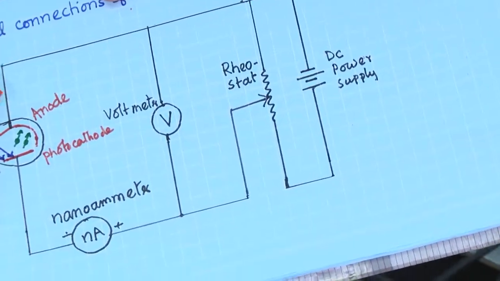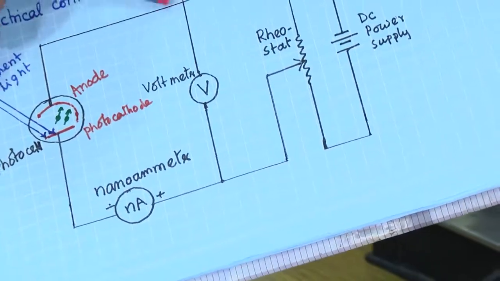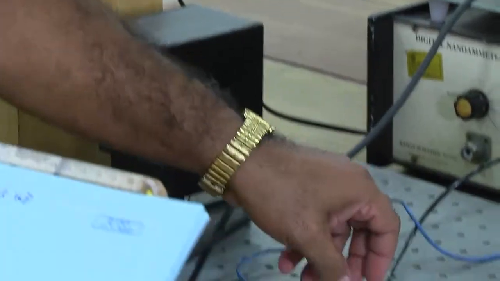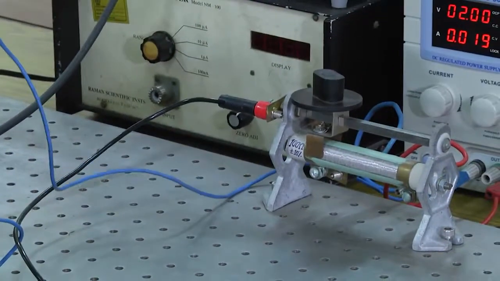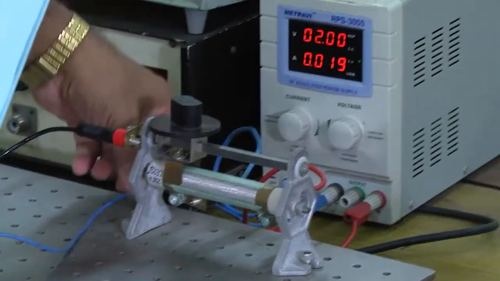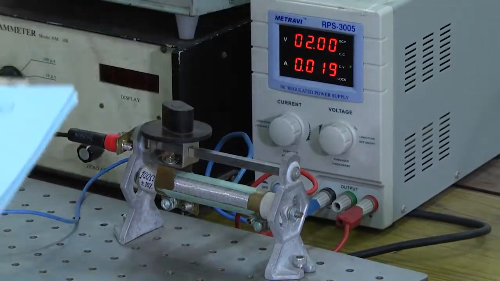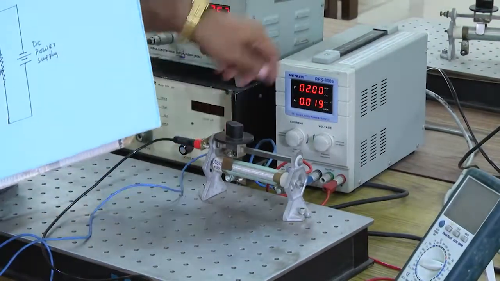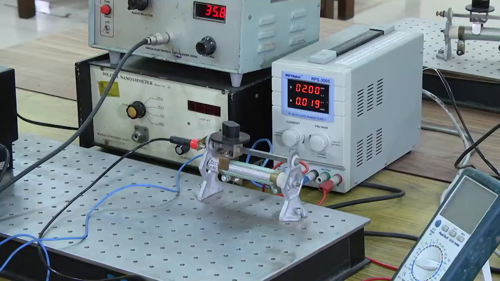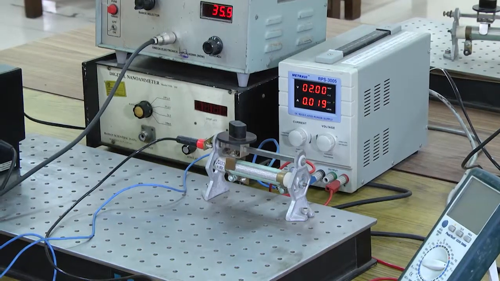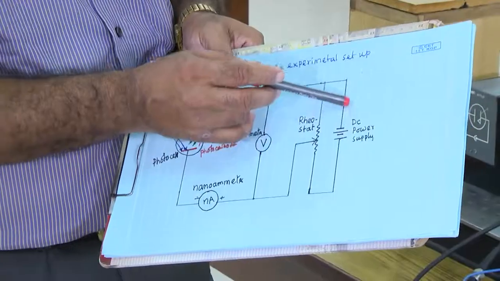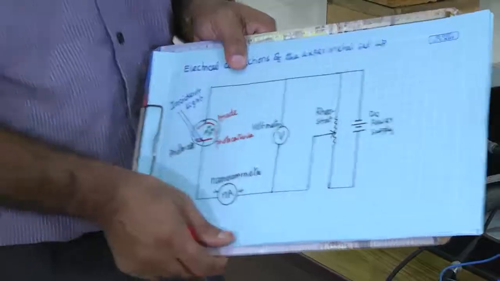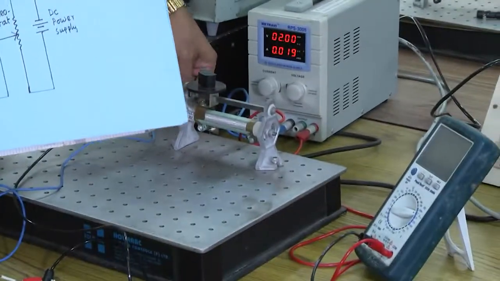Now, this anode, this part, one will go to the voltmeter. The other side of the anode will go to the voltmeter and rheostat. This one is going to the DC power supply, and also from the DC power supply or the rheostat, the other one should come to the voltmeter.